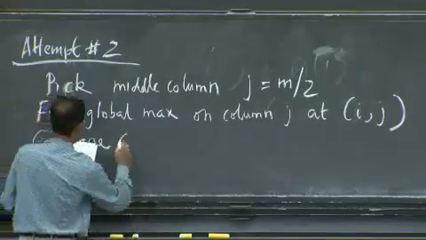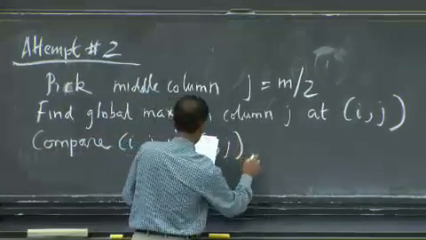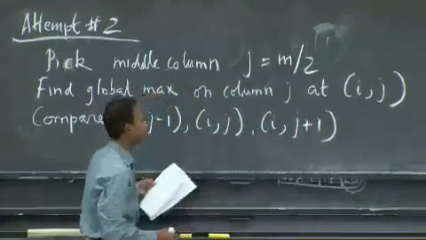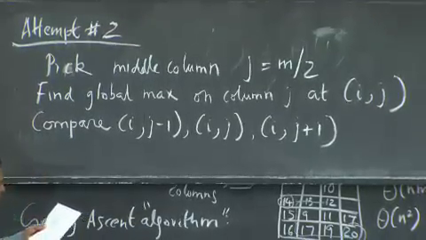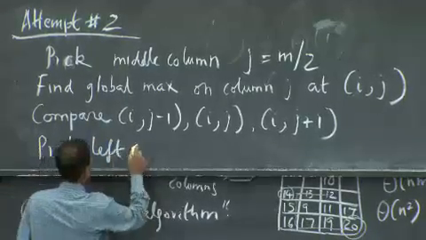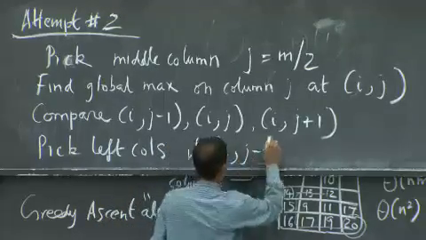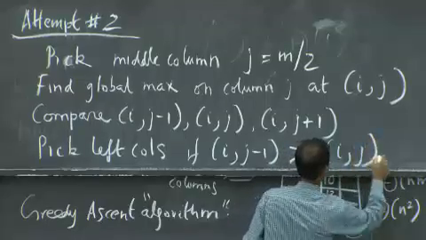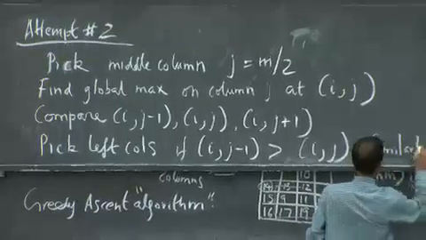I'm going to compare i comma j minus 1, i comma j, and i comma j plus 1, which means that once I've found the maximum in this row, I'm going to look to the left and the right and compare. I'm going to pick the left columns if i comma j minus 1 is greater than i comma j, and similarly for the right.